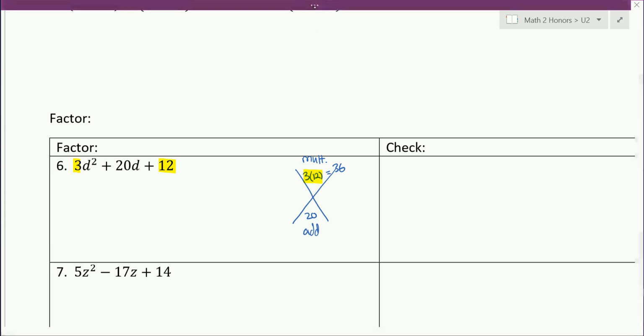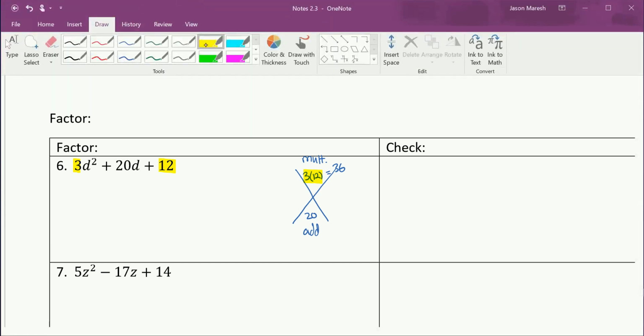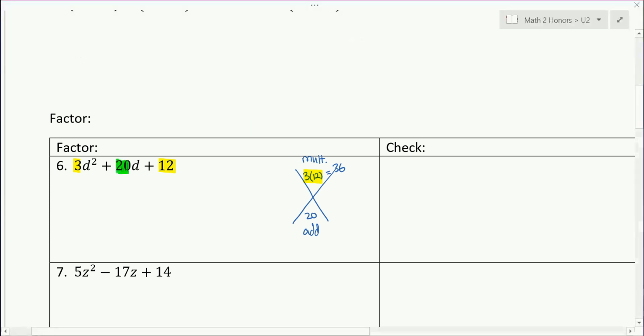Your 20 is your linear coefficient. So you're using all 3 of those numbers. You multiply the first and the last number together, and you just think about that second number. So can we come up with 2 numbers whose product is 36 and whose sum is 20?